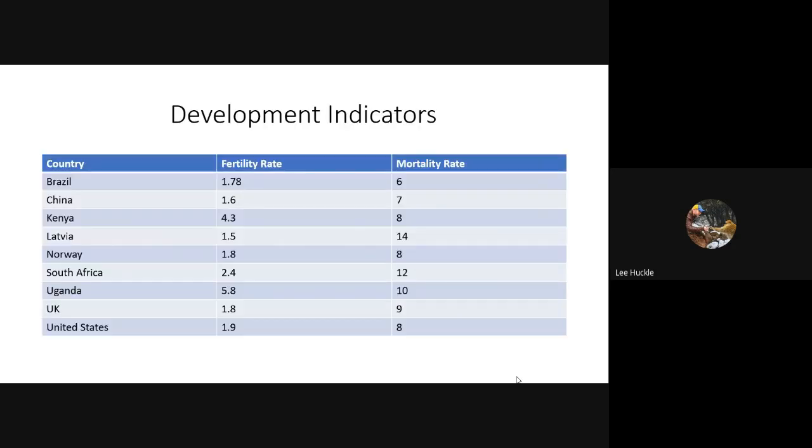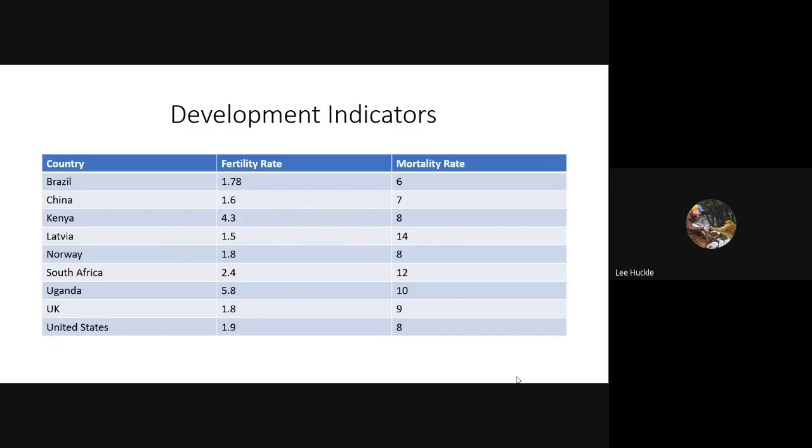What you'd have then done is delve into these two indicators: fertility rate for these sets of countries and mortality rate. Now, fertility rate being the average number of babies a woman has in that country, and mortality rate really is the death rate, if you like, the number of people that die on average per 1,000 people.